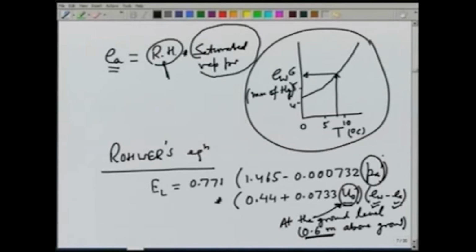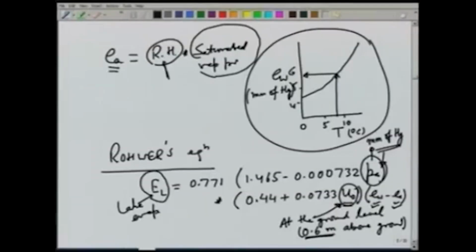PA is atmospheric pressure, and again this PA is also expressed in millimeters of mercury. Measurement of PA is also done regularly at weather stations. So, this gives us an estimate of the lake evaporation using empirical formula. Empirical equations are good, but typically they are valid only in the area for which they have been derived and not universally. Therefore, we should look for some theoretical equations which we will now do.